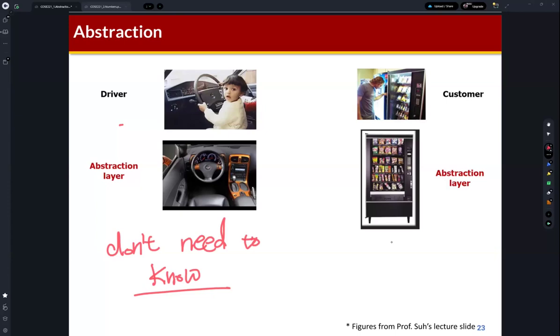Right? In order to get a driving license, we can learn how to use the handle, how to use the acceleration pedal, and how to use the brake, right? And that's it.